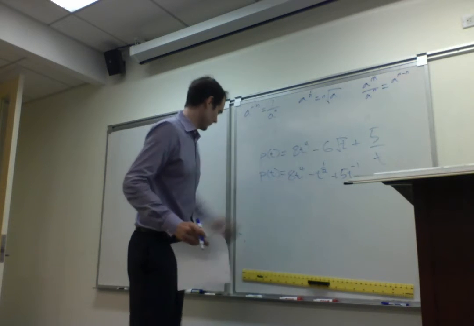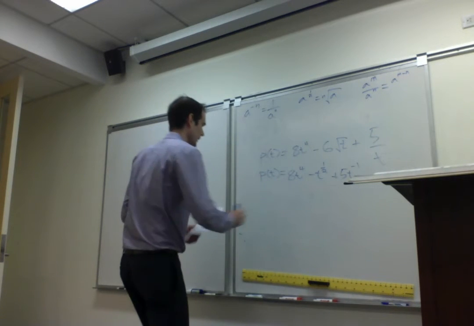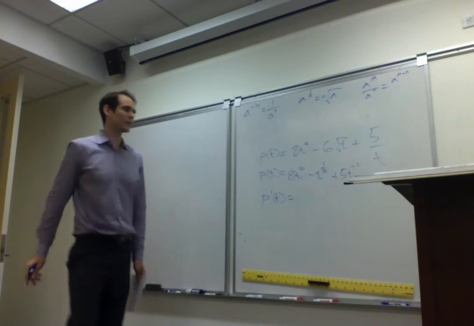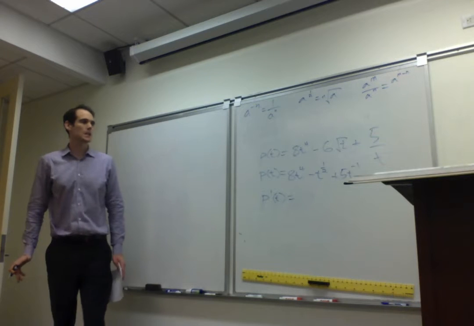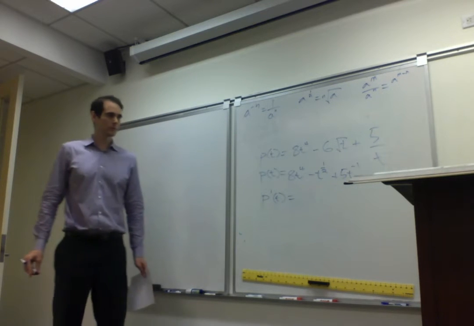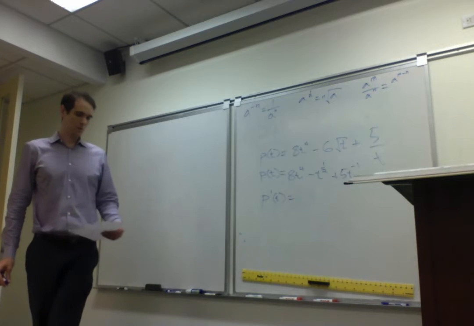So, let's do it then. Let's find the derivative, p prime of t. What is the function which tells us the rate of change at any point on that line? Let's crunch it out. Use some power rules.